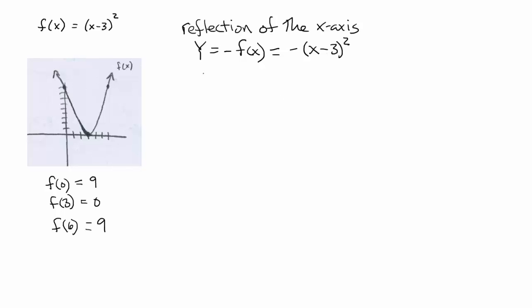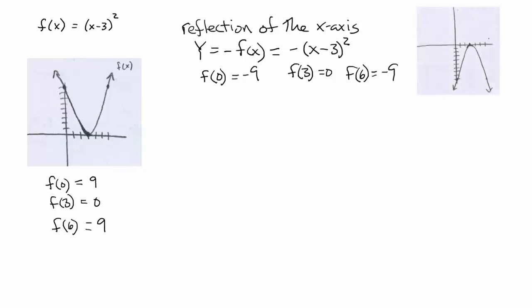And if we do this, let's take a look at f of 0. f of 0 is equal to negative 9. f of 3 is still equal to 0. And f of 6 is now equal to negative 9. So you can see that all the outputs change signs.